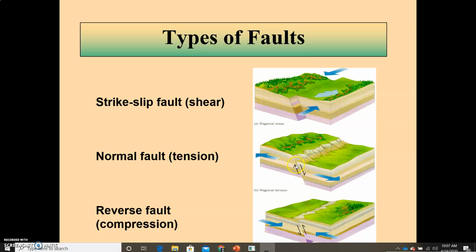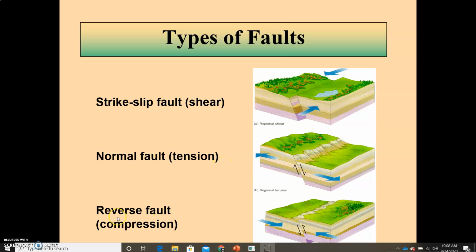And if you were to put a little miner in here, his head would be in this part of this block, and his feet would dangle down on this block. So they would talk about that, basically that the hanging wall moved down relative to the foot wall, or the foot wall moved down relative to the hanging wall. So they use that kind of as a guide.